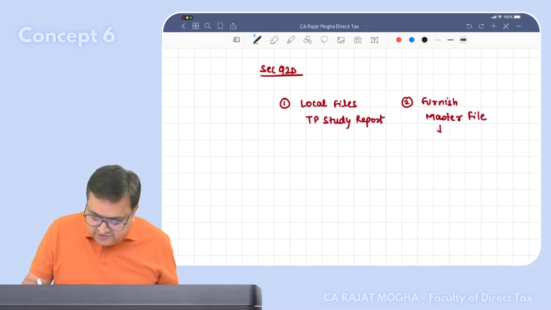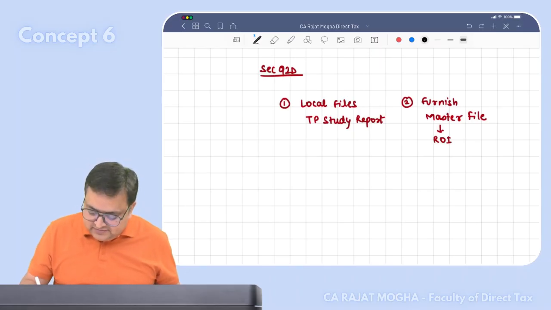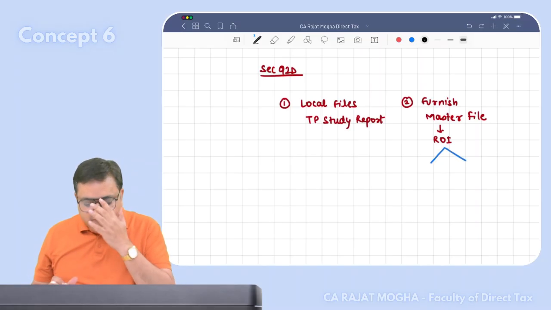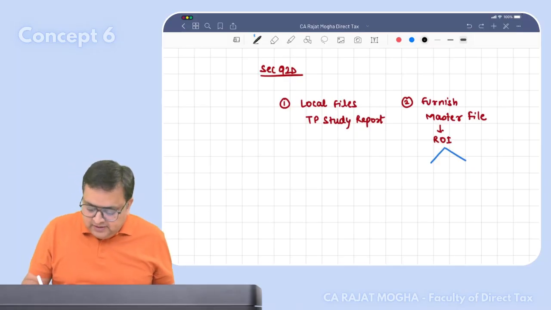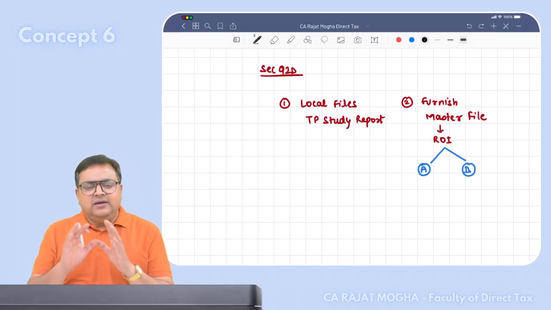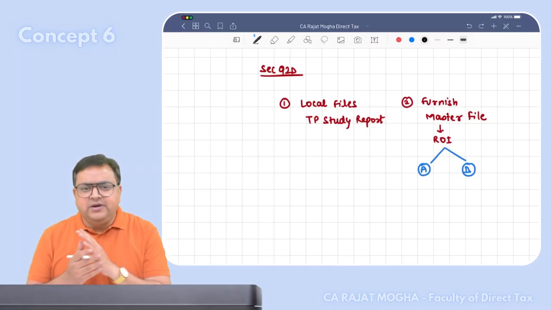You have to furnish it with the return of income. It is mandatory. It has two parts. You don't have to remember any of the form numbers, but whenever you furnish the master file, there are two forms, Part A and Part B. Part A will contain just an overview, very high level information, not detailed.